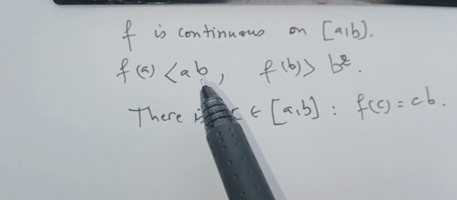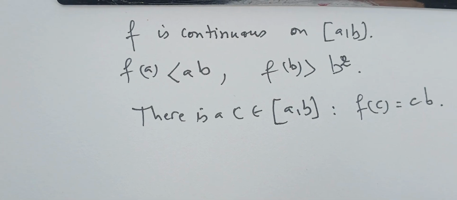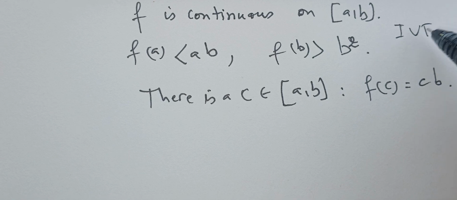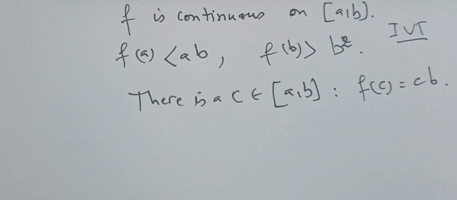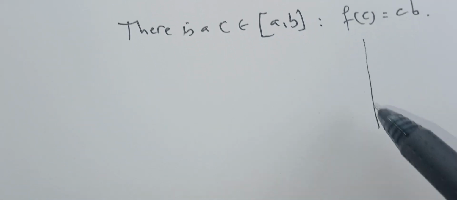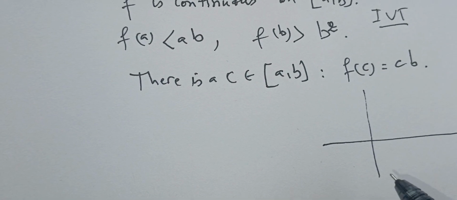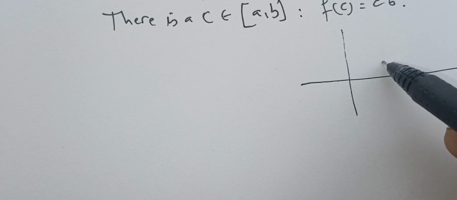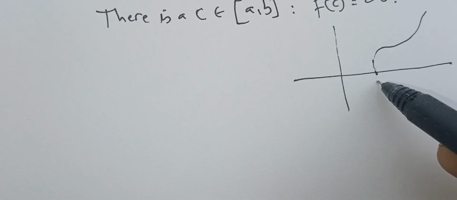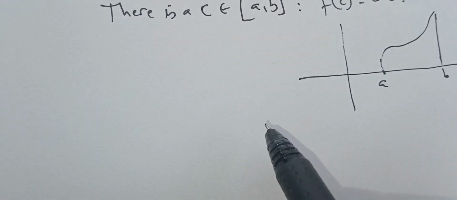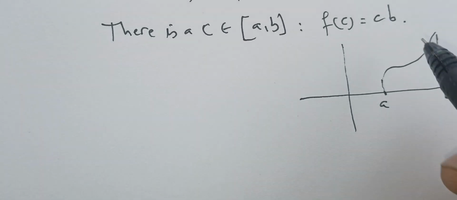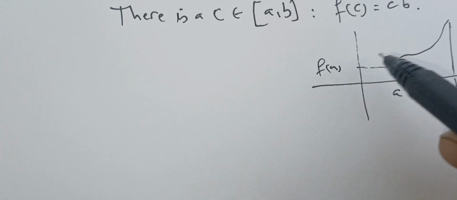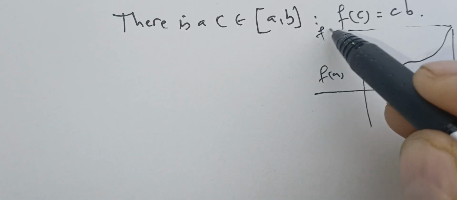Here, to prove this result, we're going to use the intermediate value theorem. So here we know that if we have a continuous function, let's say defined on [a, b], and this is a, this is f(a), and this is f(b).